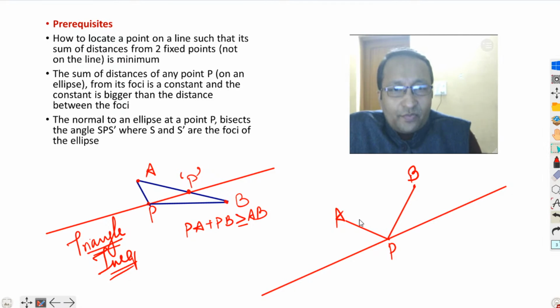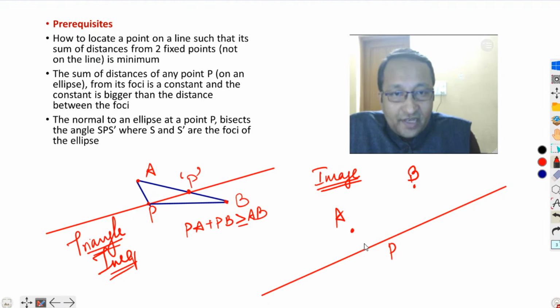So generally what we do in such cases, we start taking a clue or help from the concept of images. What is an image in two-dimensional geometry? An object, a particular image and the mirror itself. Then the line mirror basically behaves as the perpendicular bisector.